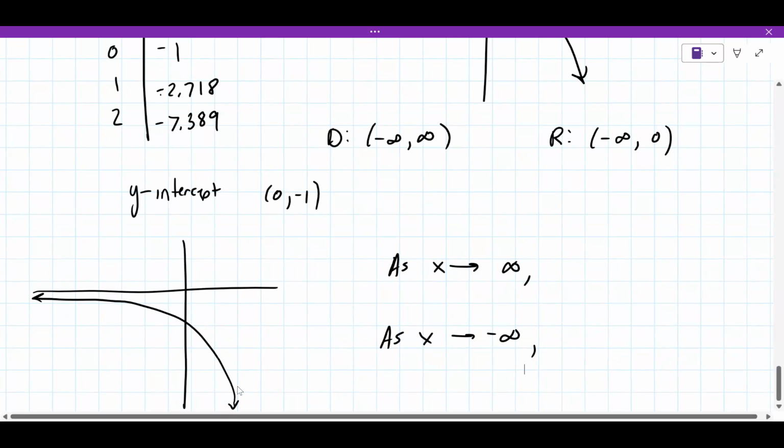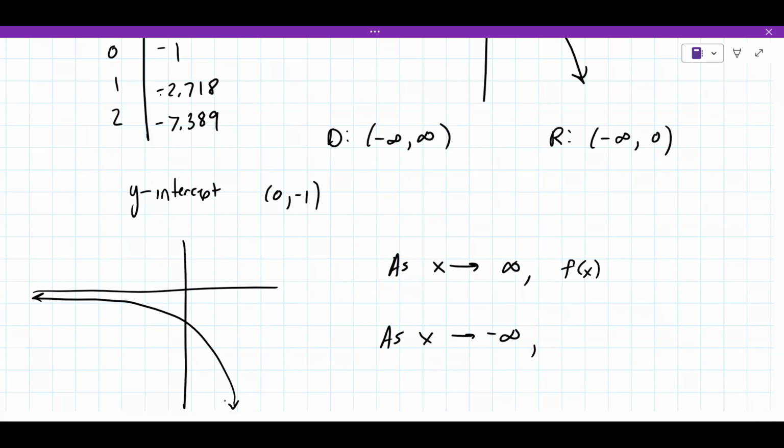Imagine putting your finger on the curve and moving to the right. It goes negative, to negative infinity. And then you put your finger on the curve and go left. What are the y values? 0. Good.